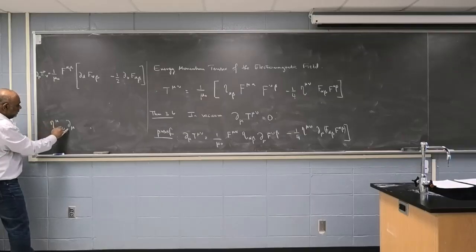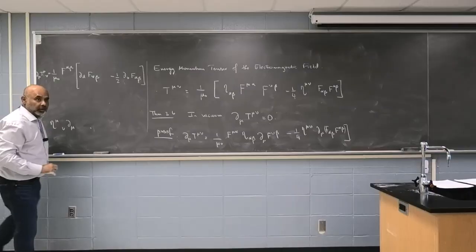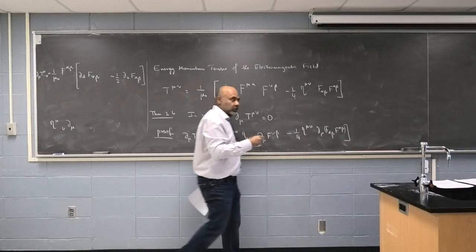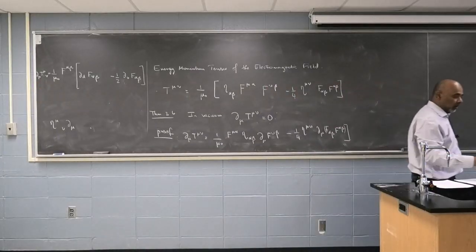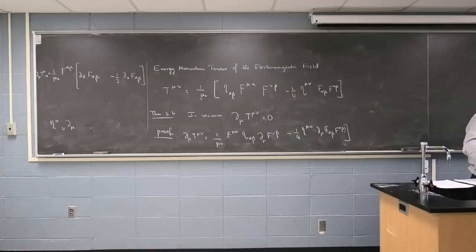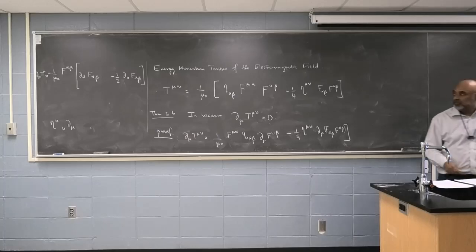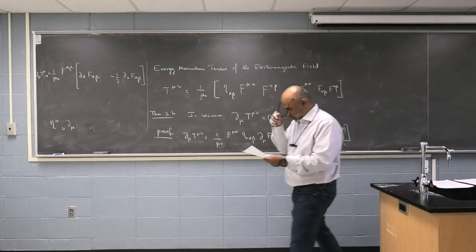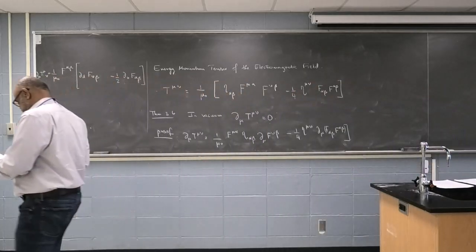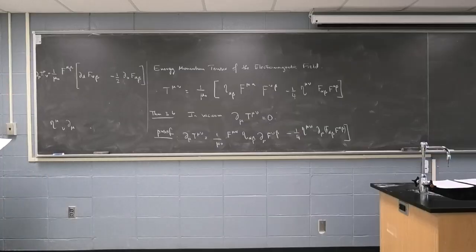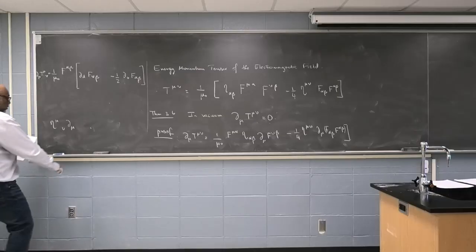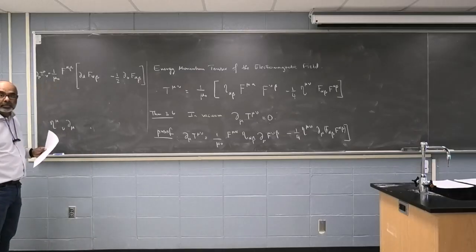So that means this is non-zero only when mu is equal to nu. Are we good? We're only using all the techniques we talked about. So if we're missing out any information, please let me know.